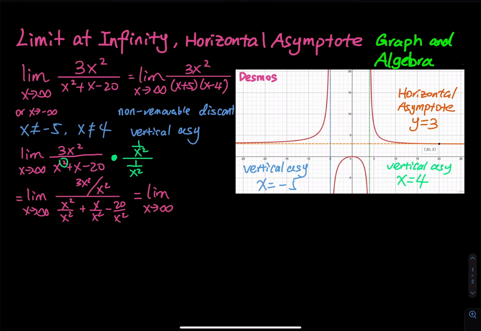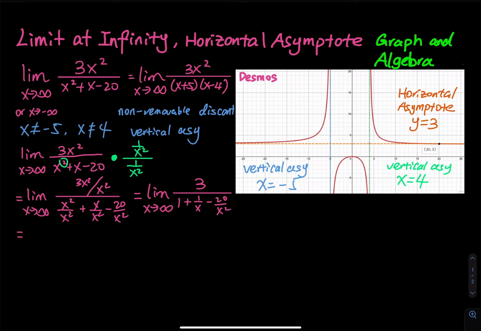So the top, you have a 3 left, and then the bottom, what do we have? We have 1 plus 1 divided by x minus 20 divided by x squared, and then what happens as x approaches infinity? 1 divided by infinity, 20 divided by infinity squared, they are all 0. That means when you reach this step, all the fractions become 0. So at the end of the day, you have 3 over 1, which is just equal to 3.